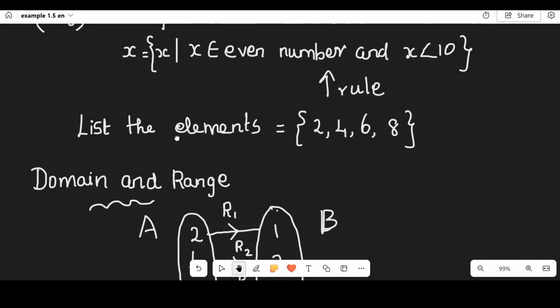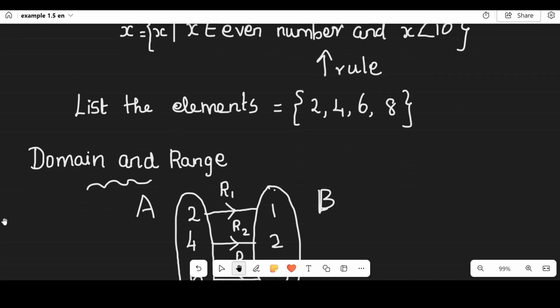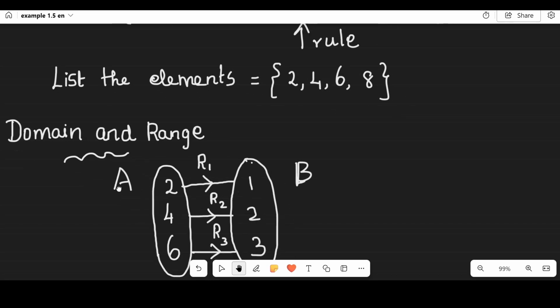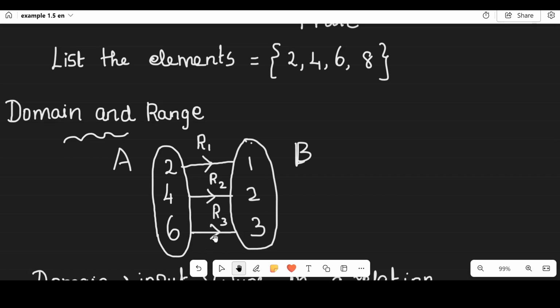And we have two more new concepts, that is domain and range. Suppose you have this diagram, known as an arrow diagram because we have arrow marks between these two sets. We can assume A is a set and B is a set.